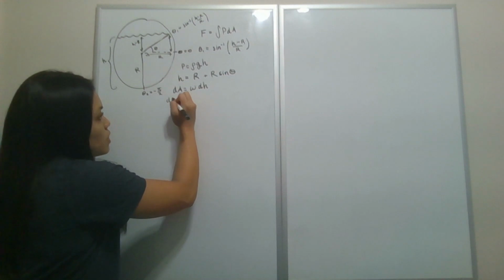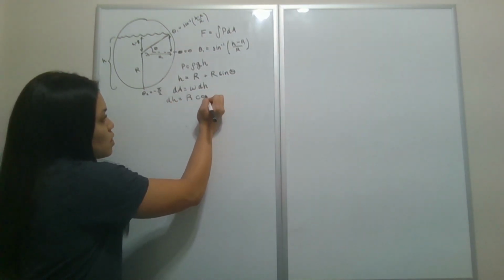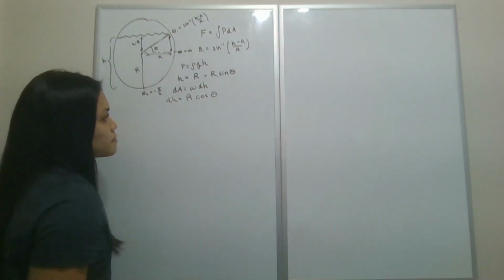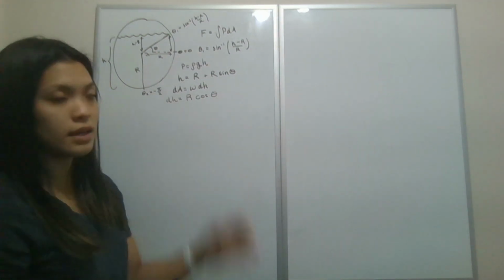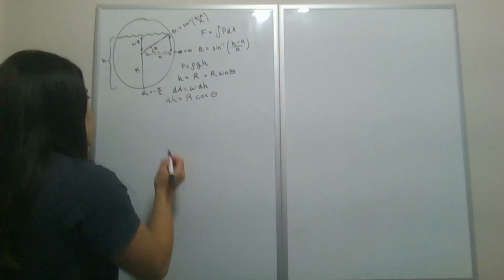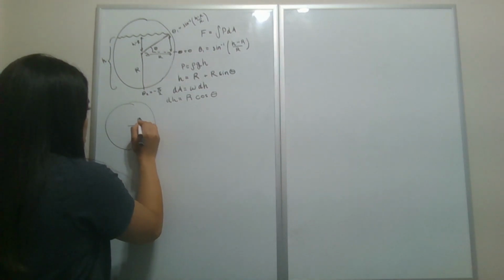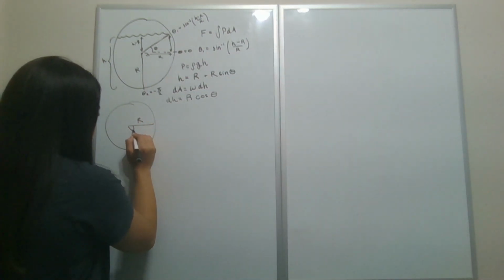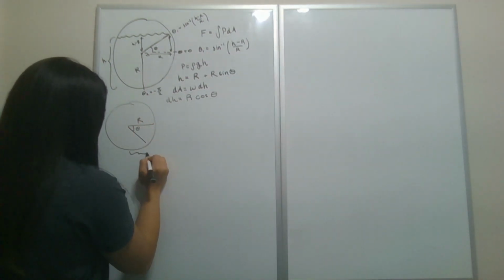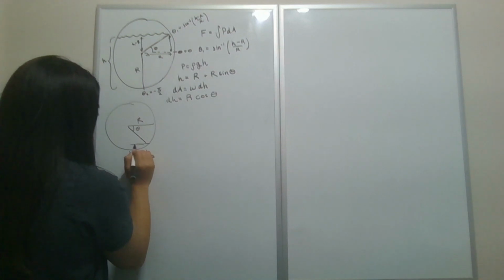And so the differential height is going to be the radius times the cosine of theta, and we can find this using our trigonometry rules. And then the width is, if we draw another circle and we have a radius here and we have theta here, our width is also just going to be r, the radius times the cosine of theta. So this distance here.